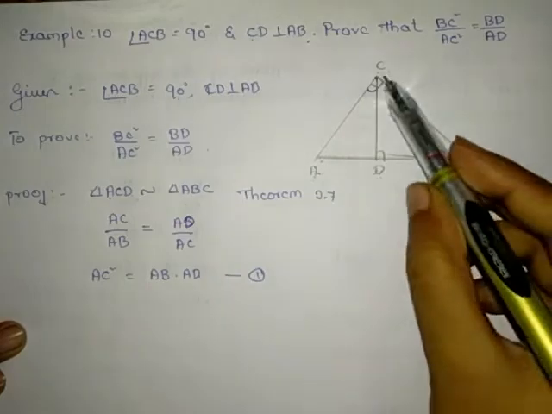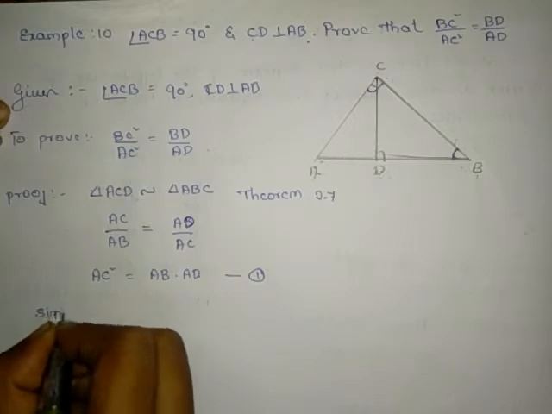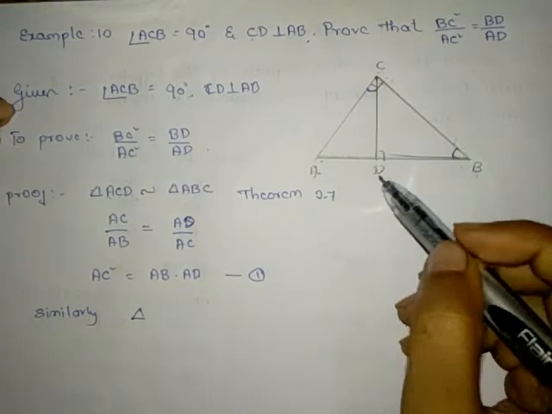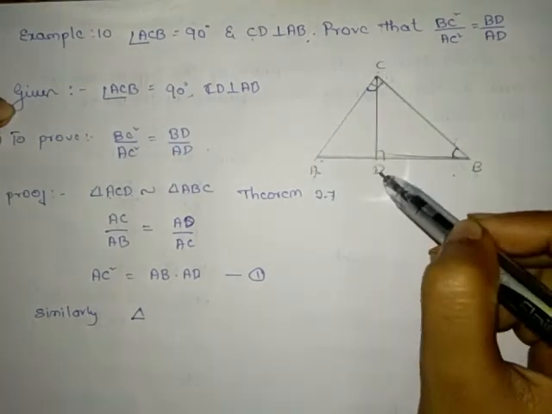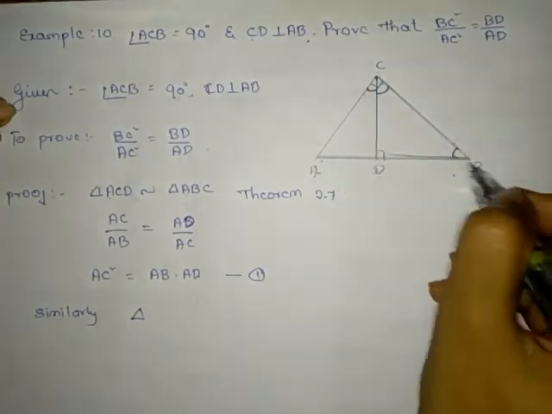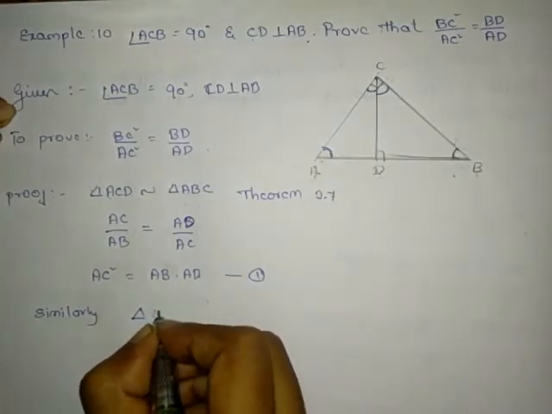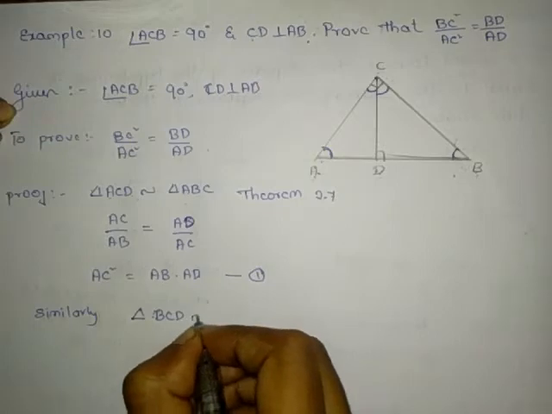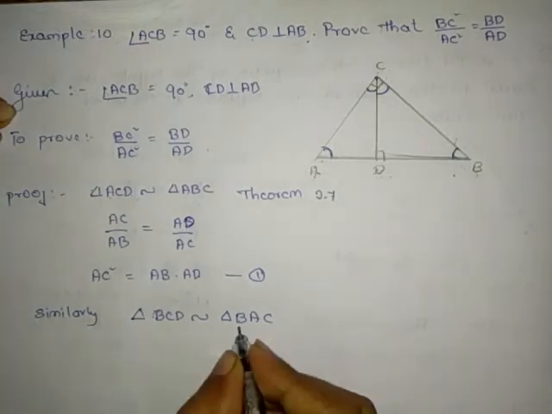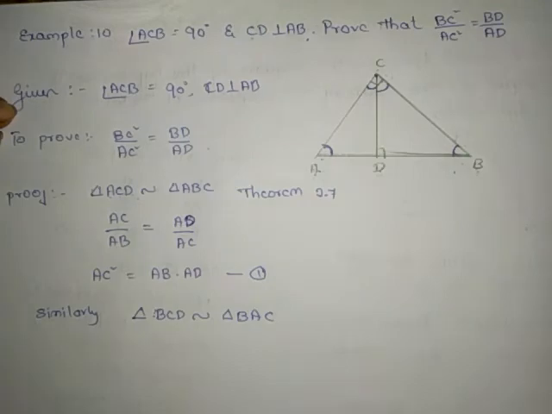Similarly, we'll compare the small triangle and the big triangle. We are going to take triangle BCD, right? And one more triangle, that is BAC, this angle. Triangle BCD is similar to triangle BAC, right? If these two triangles are similar, then the corresponding sides are in the same ratio.